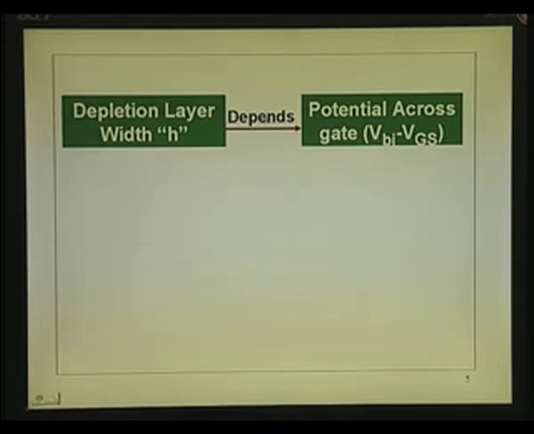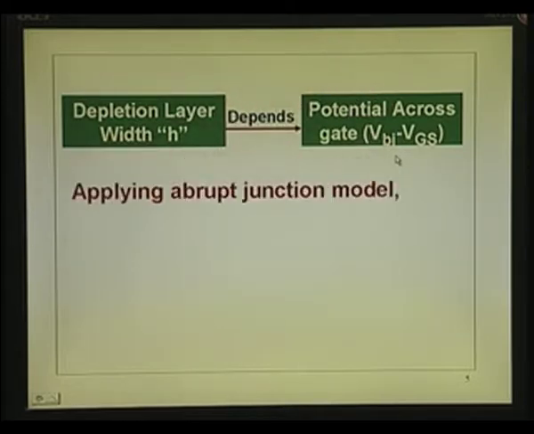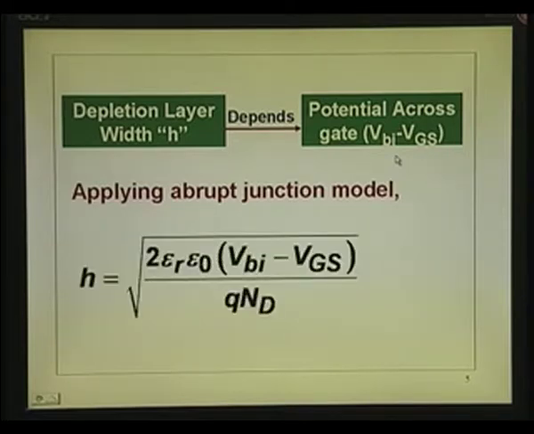Depletion layer width h depends on the potential across the gate, V B I minus V G S. Applying the abrupt junction model, that is what you have written there, twice epsilon r epsilon 0 into V B I minus V G S by Q N D. Always remember this equation, I will be using it again and again. The best thing to remember is h is proportional to the square root of V B I minus V G S.